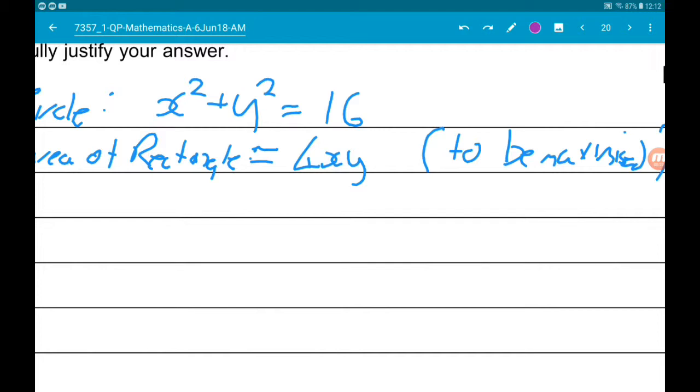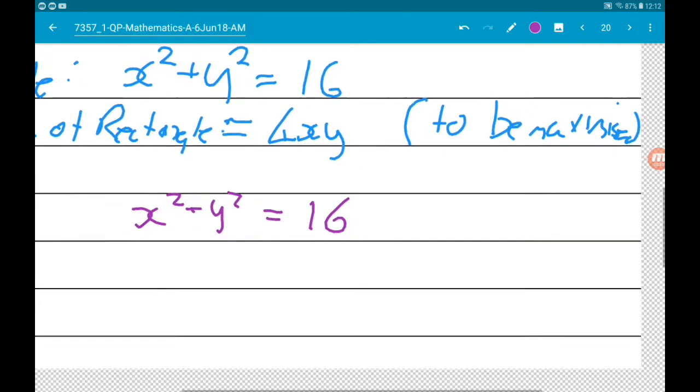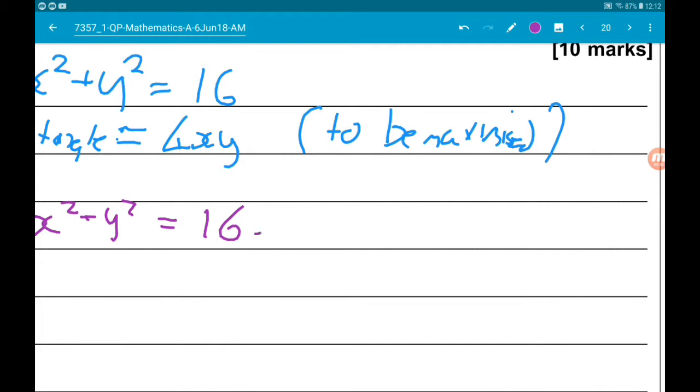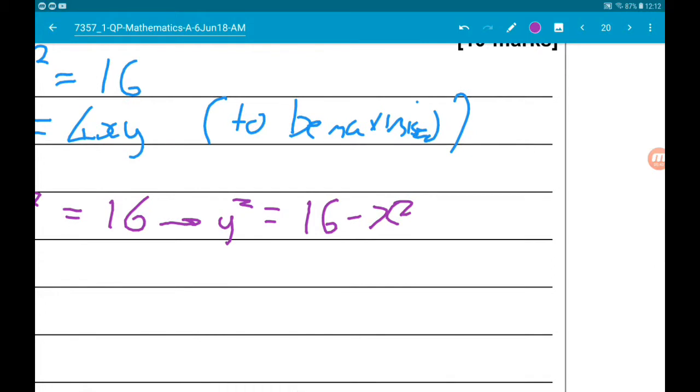So, we know that x squared plus y squared is equal to 16, so y squared is 16 minus x squared, so y is the square root of 16 minus x squared.